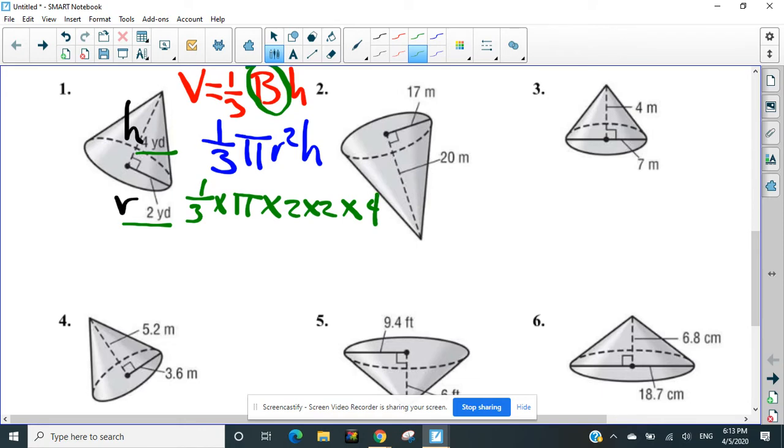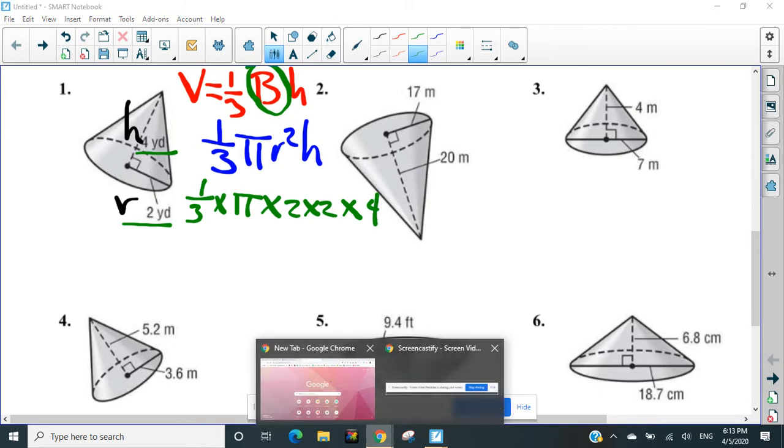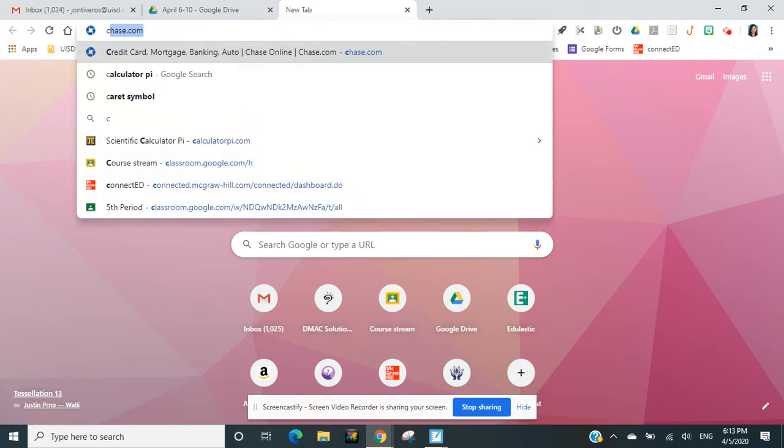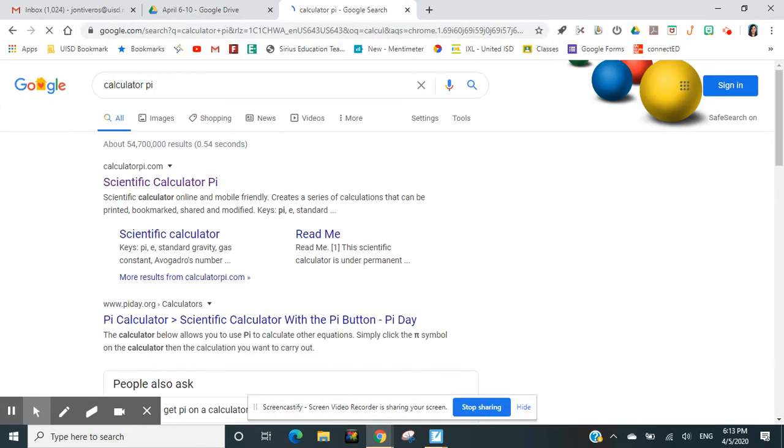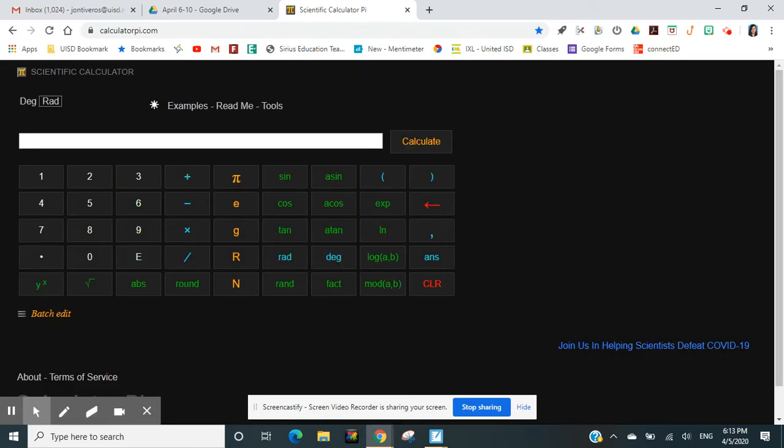Now, in the other video, I suggested one of the calculators that's available online for you. So go ahead and type calculator pi on Google search, right? And we're going to select the first link, scientific calculator pi. And here, how do you input a 1/3?